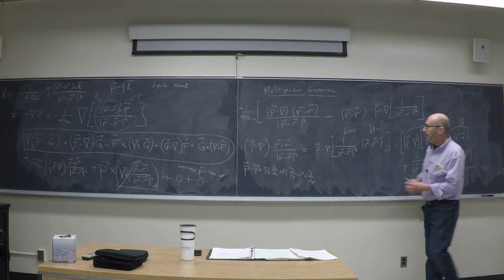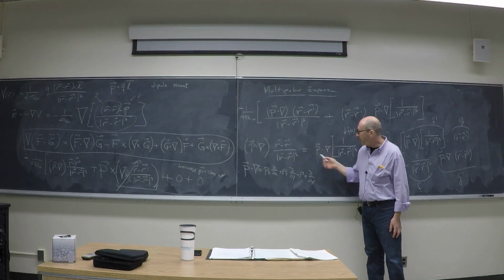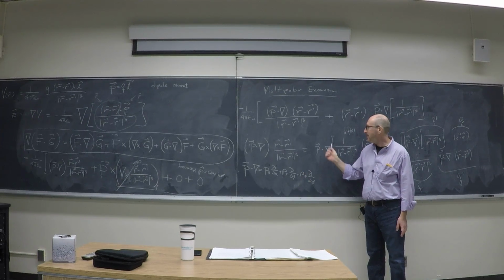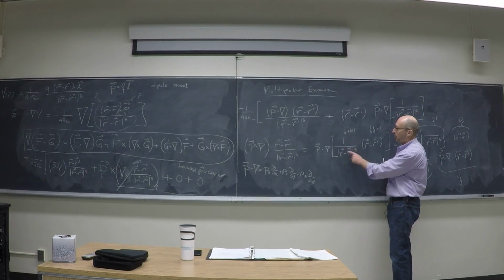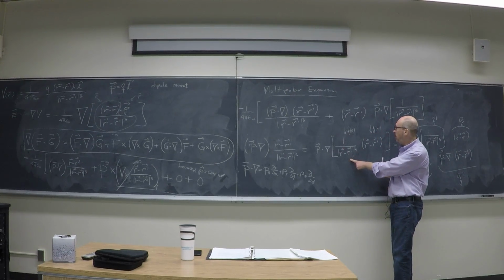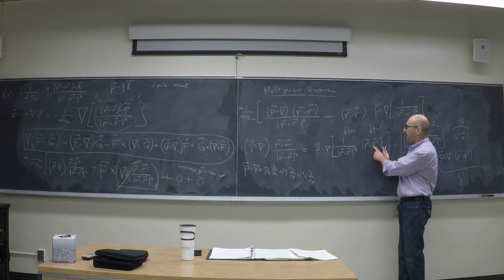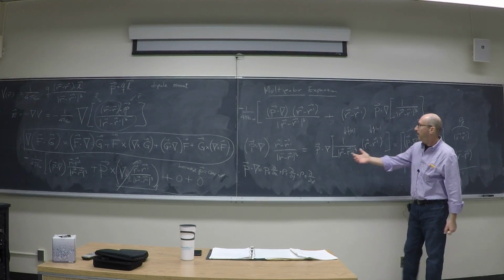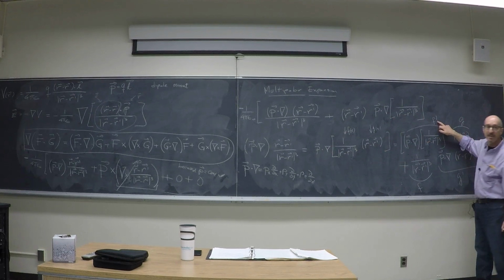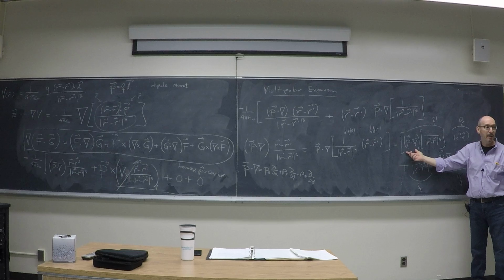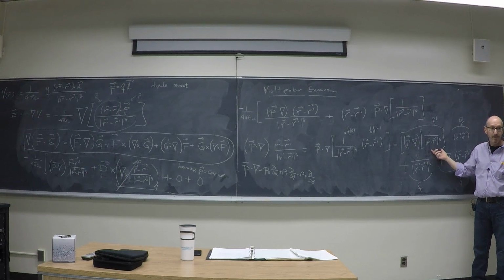Okay, again, I hope that I convinced you by writing this that this is just a standard derivative. And then I define f to be 1 over |r minus r prime| cubed, and I define g to be r minus r prime, the vector. So this is in fact a vector. So then you have the derivative of f is f prime, which is p dot del acting on 1 over |r minus r prime|, correct?